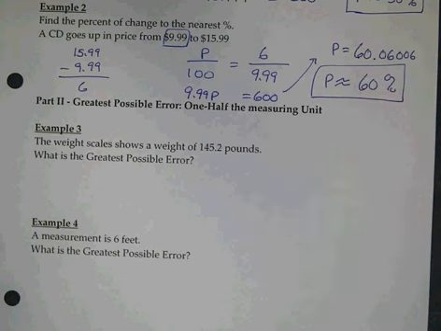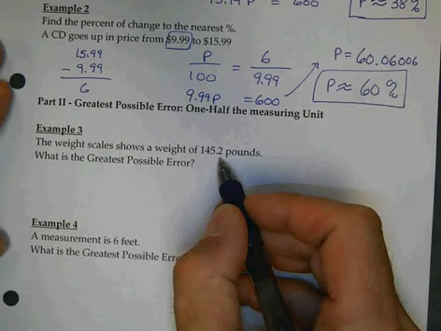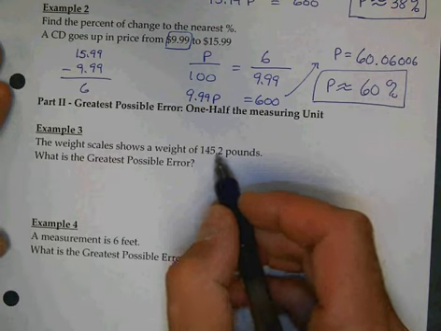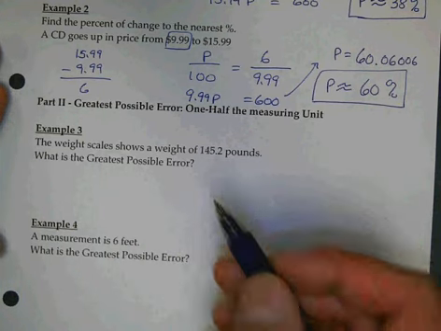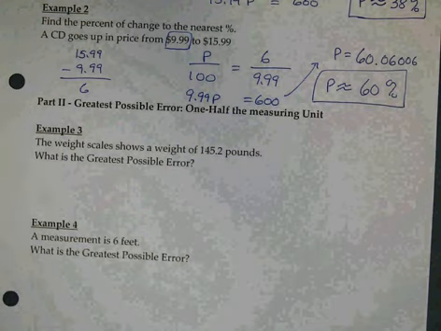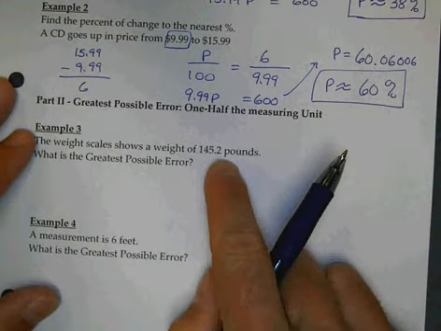This scale flickers back and forth and ends up on the nearest tenth. Is it possible my son does not weigh exactly 145.2? But we know he could weigh maybe up to about a half more or a half less, right? In terms of a half of a tenth of a pound.